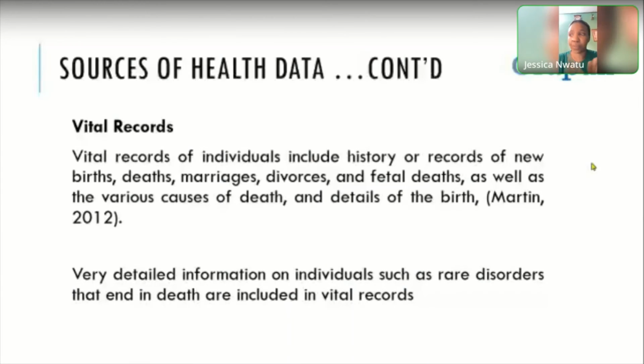Sorry, a patient's history of death, causes of death. All these are gotten from maybe our local governments, or big government hospitals, where they have records of people who gave birth there, people who died there. That way can also be a form of collecting patients' health data.